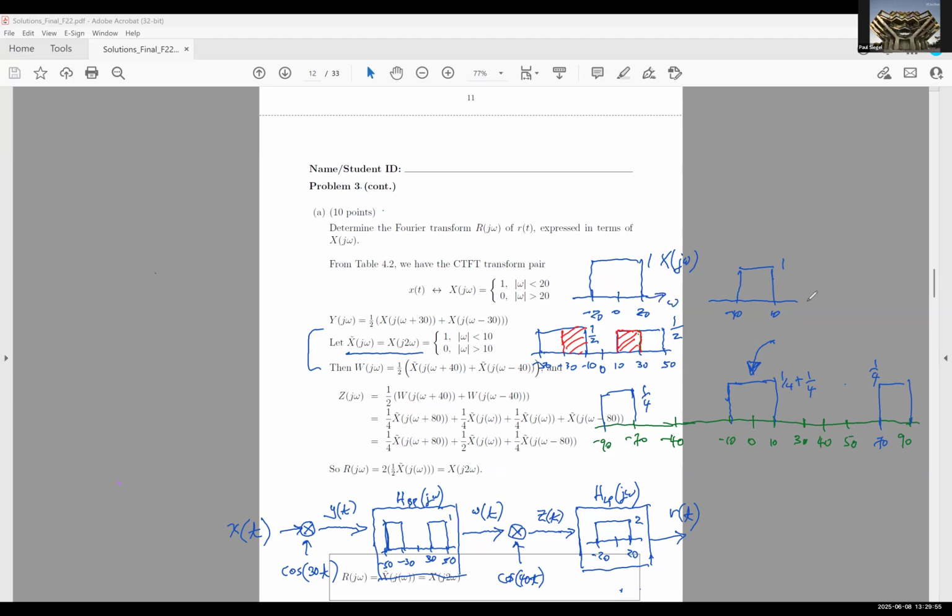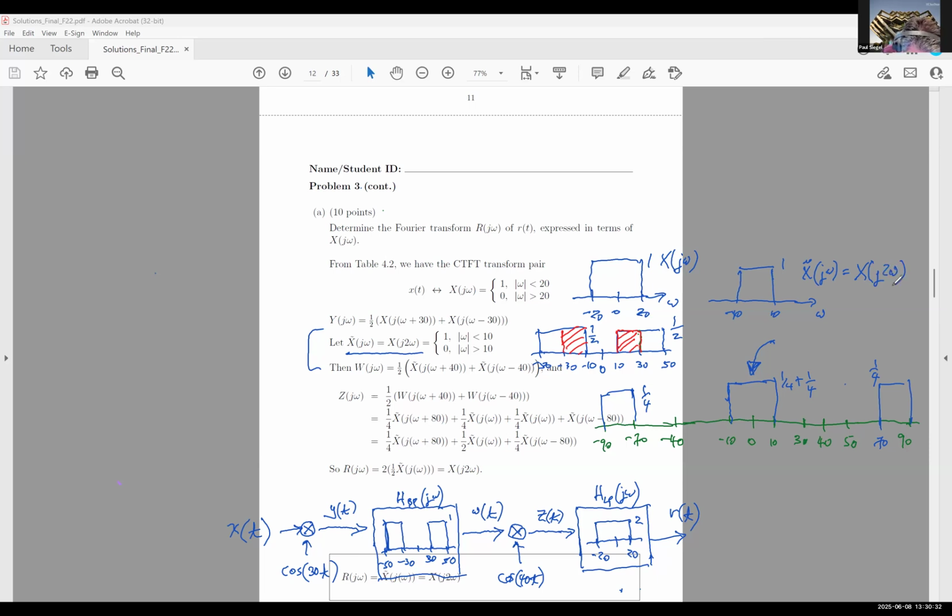This is omega. I've scaled x of j omega along the frequency axis by a factor of 2. I've compressed it. So that corresponds to this response, which I've called x tilde of j omega. It's just like with a signal in time. If you compress the time scale, you multiply the time variable by a factor of 2. So here, this would be x of j 2 omega.